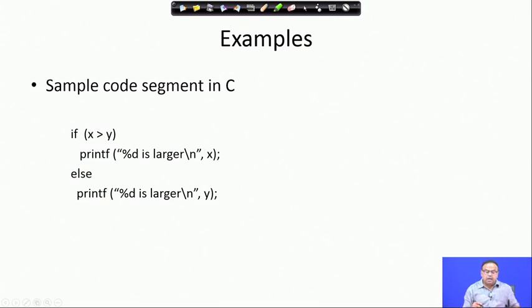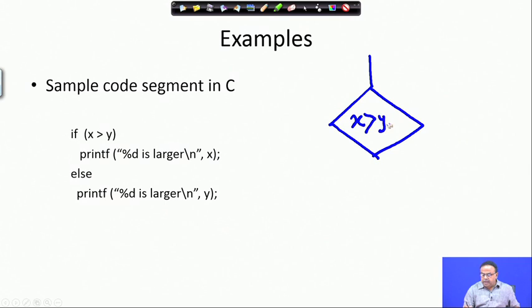So, here is a quick look at an application of this. Suppose I want to implement a flowchart something like this. I have read x and y, and I want to check x greater than y.